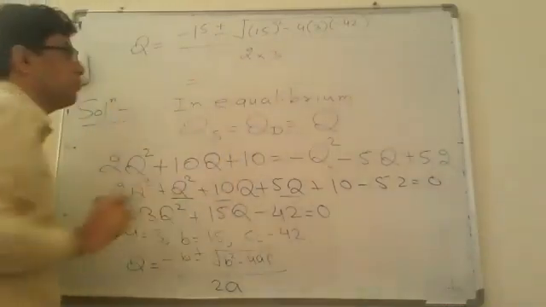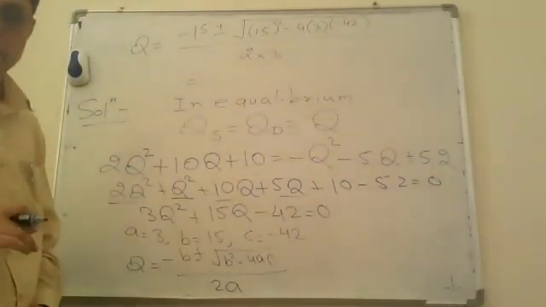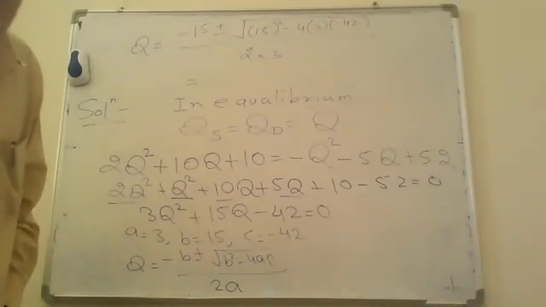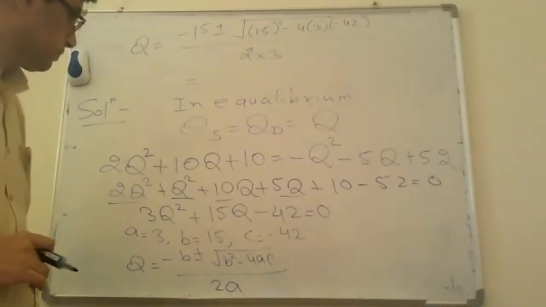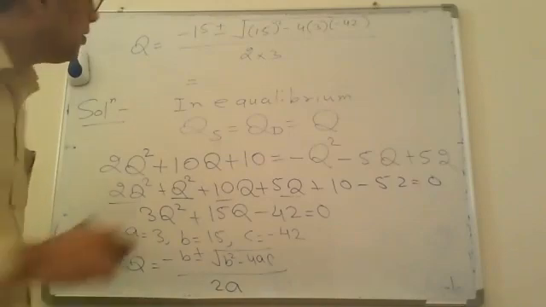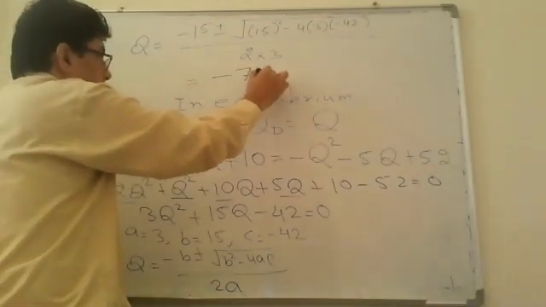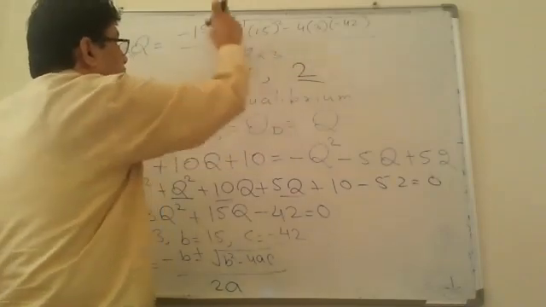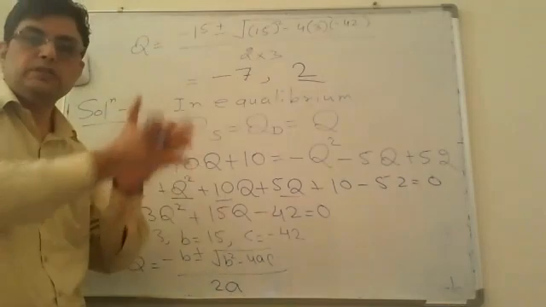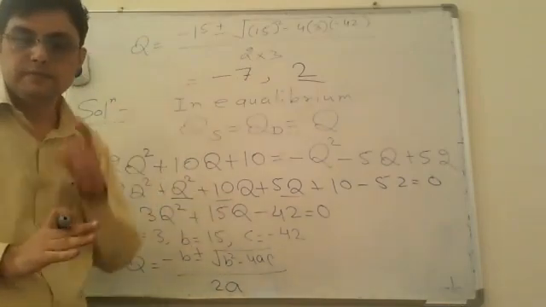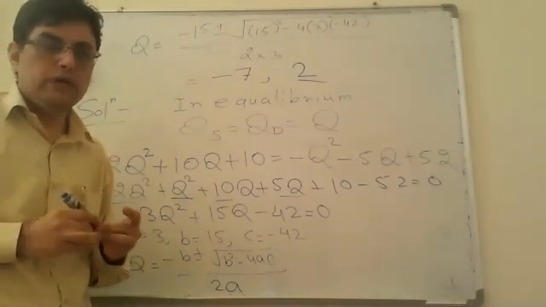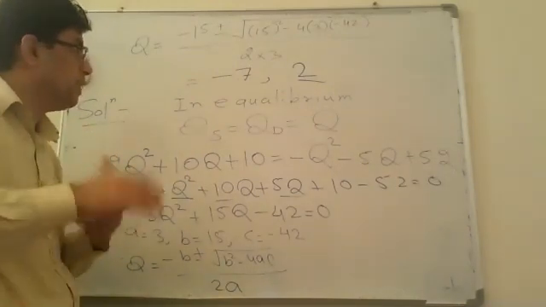If you solve this expression, you will get two values of q: minus 7 and another, 2. So there will be two values by using plus and minus.